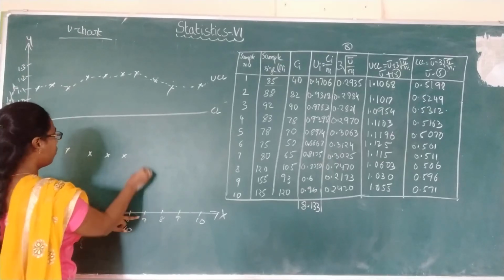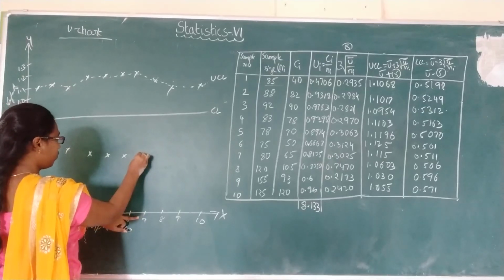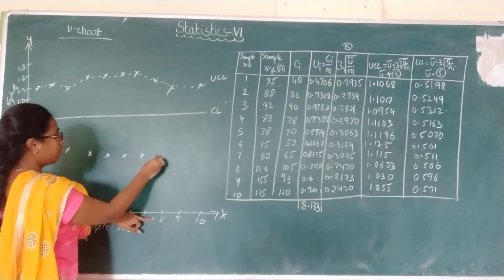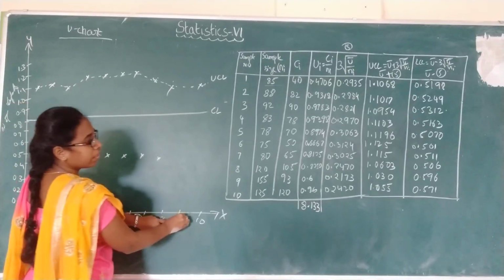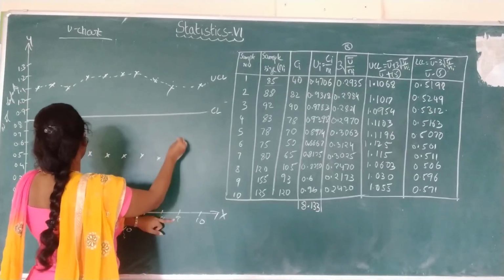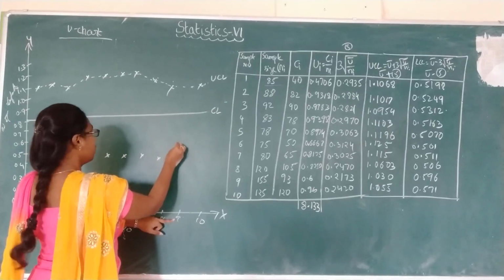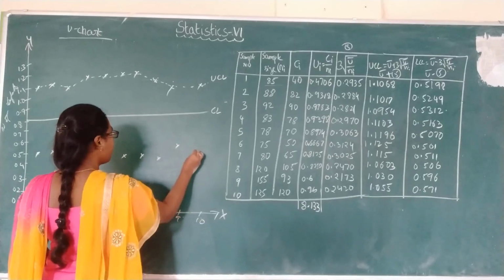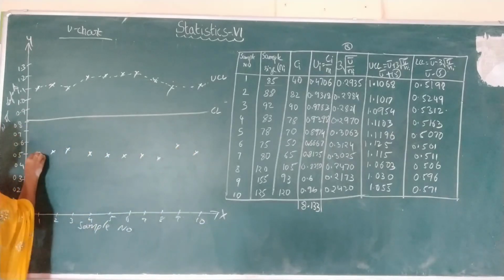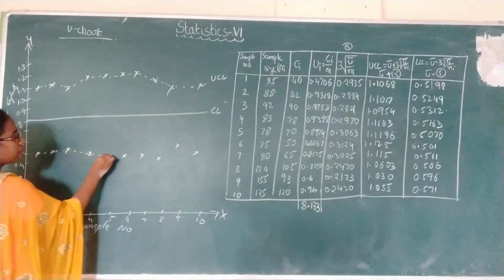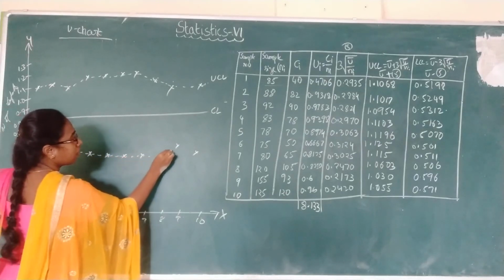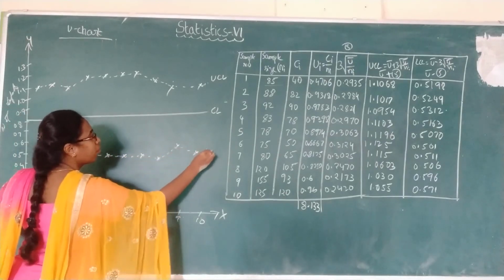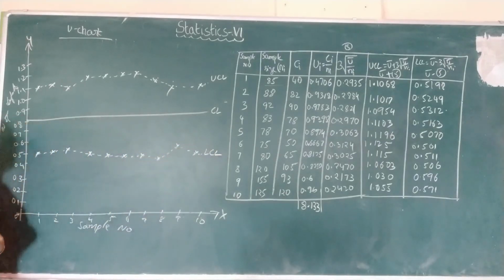Next 0.51. 0.50 again. 0.59, that is near to 6. Last one is 0.57. Join these lines. This is the required LCL value we got for our given problem.